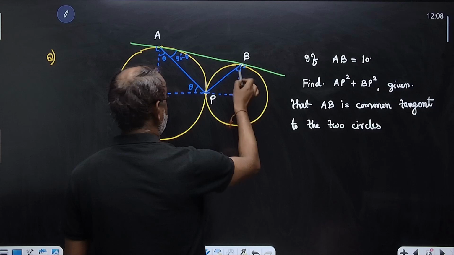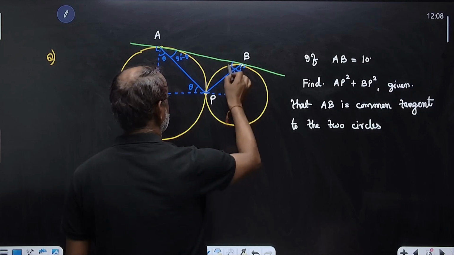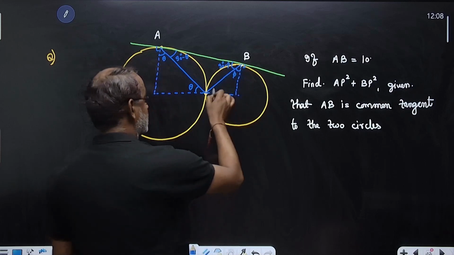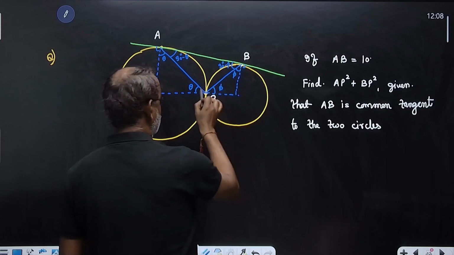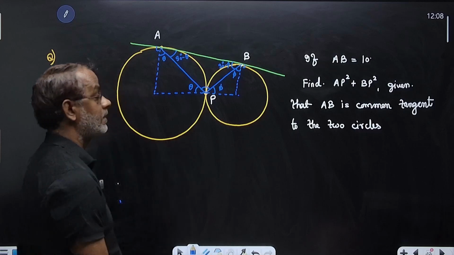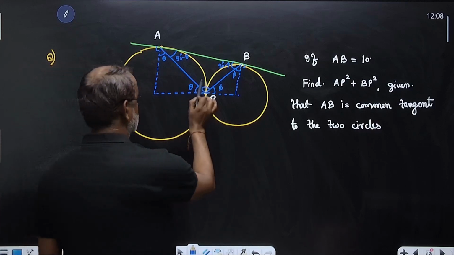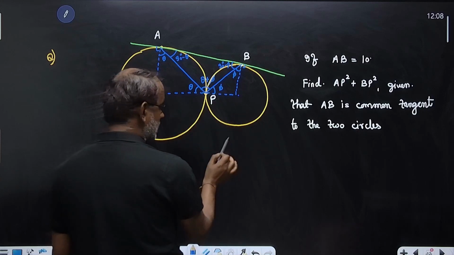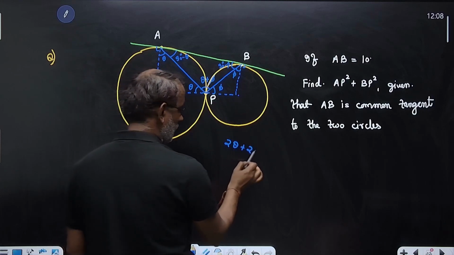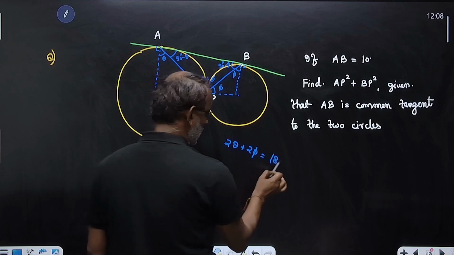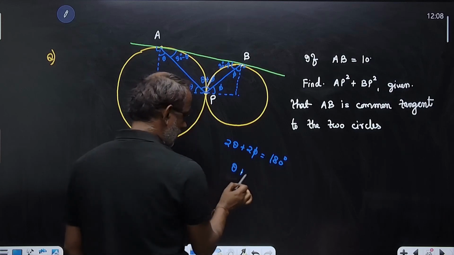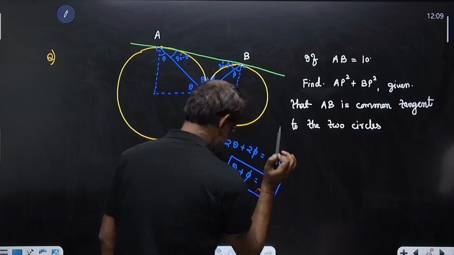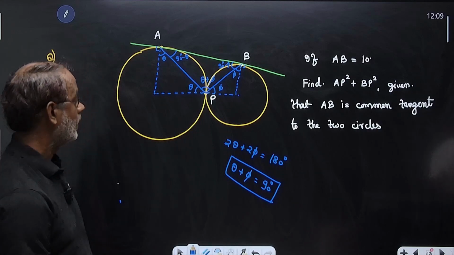If this is phi, this is 90 minus phi, and this is phi. What is this angle? 90 minus theta, 90 minus phi. So this is going to be theta plus phi. Now you can see 2 theta plus 2 phi is 180 degrees. So theta plus phi is 90 degrees.